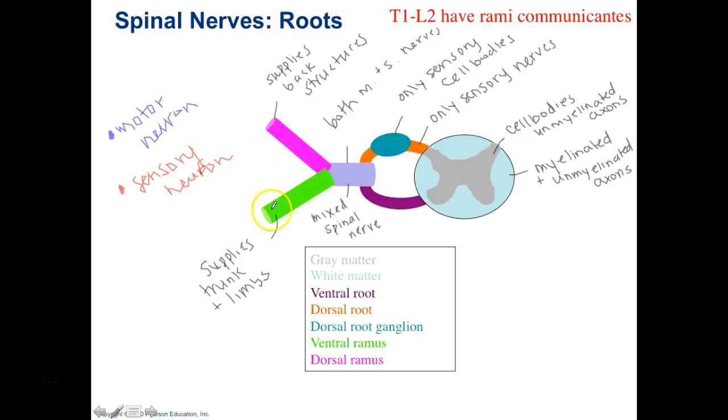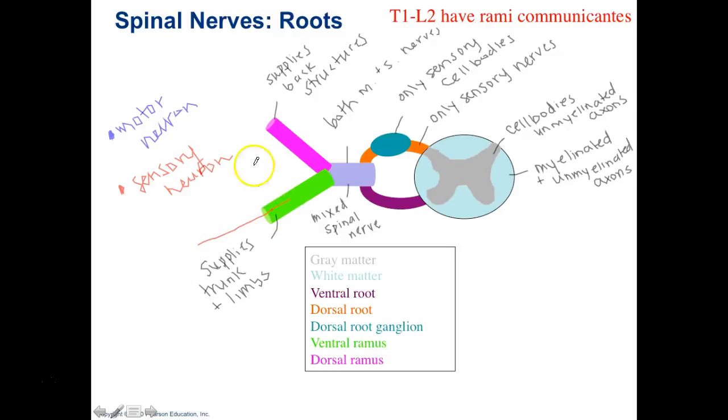So first we have to have information moving into our spinal cord. So way out here is, let's say, our hand, and we're going to have specific nerves like, let's say, our median nerve, which we're going to learn about later. That information needs to flow through the median nerve, and it's going to go into our ventral ramus because it's coming from a limb, okay?